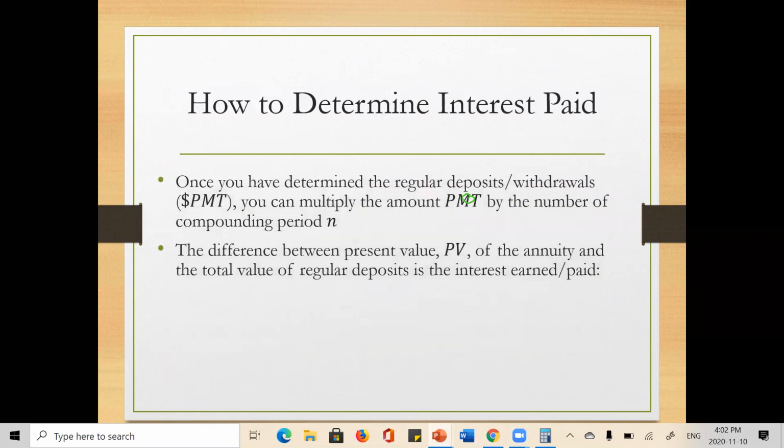Once again, how do you calculate the interest that's earned, meaning how much money you actually earn on your deposit? You simply take the total number of payments that you make, which is n, multiply by the actual amount of the payment, and subtract the present value.